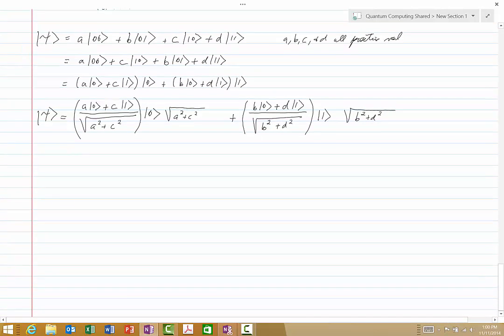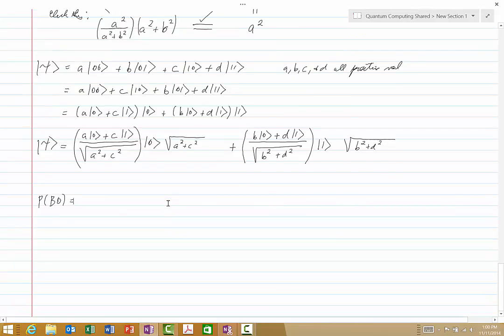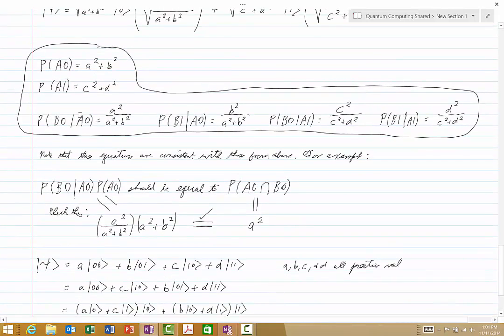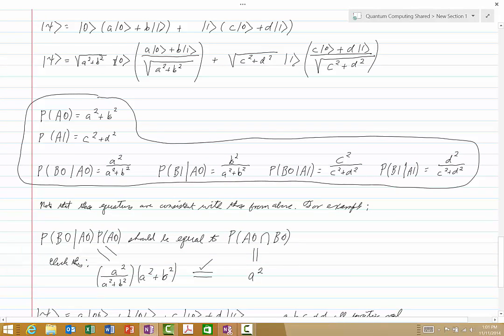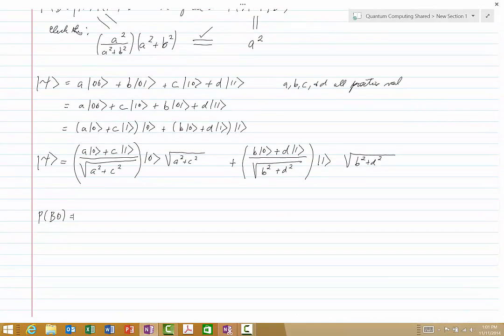And so when we write the state in this way, we see that the probability that Bob measures 0. Notice before we got probability, since we had factored out the first qubit, we got probability of what's going on with Alice, but now that we've factored out the second qubit, we can get the probabilities for Bob.